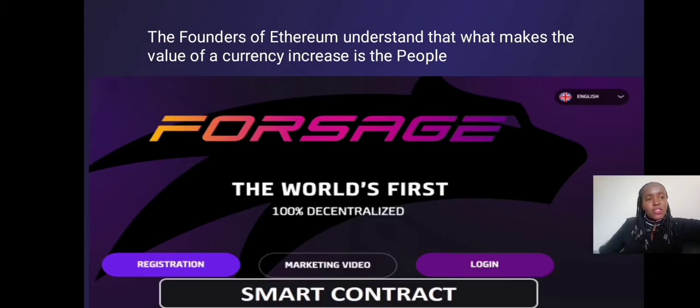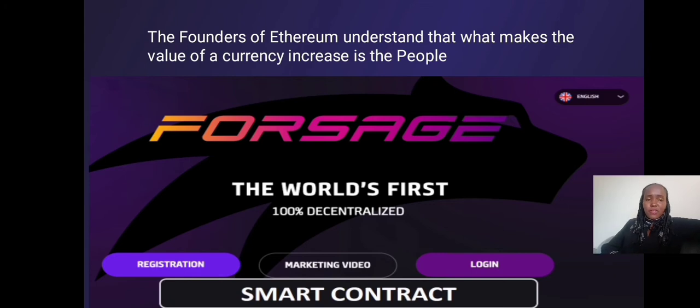The founders of Ethereum understand that what makes the value of a currency increase is the people, and they have formulated a system called Forsage, the world's first 100% decentralized system that is based on smart contracts. We will talk about decentralization, about smart contracts.